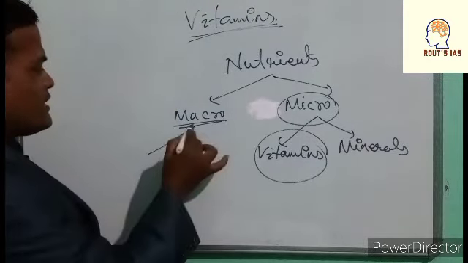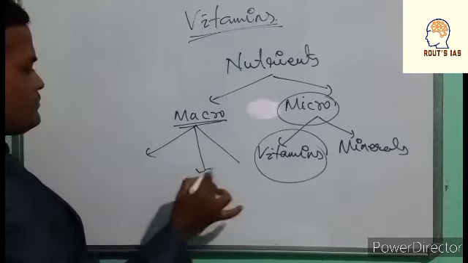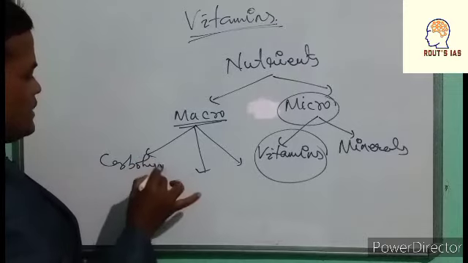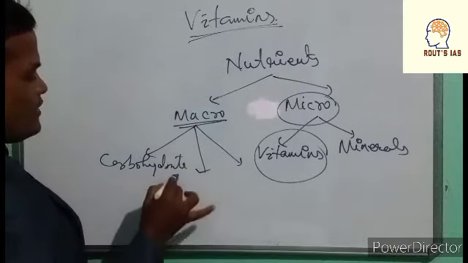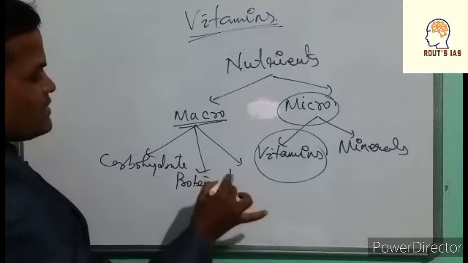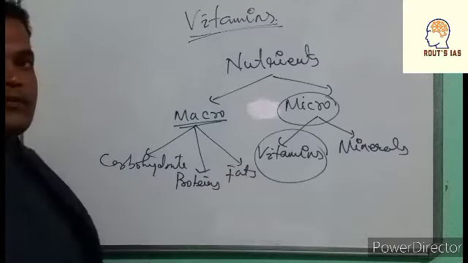So macronutrients, I can say, are just like carbohydrates, proteins and fats. Why are these called macronutrients?